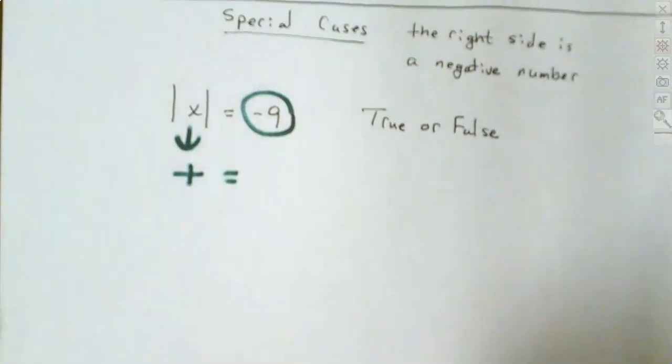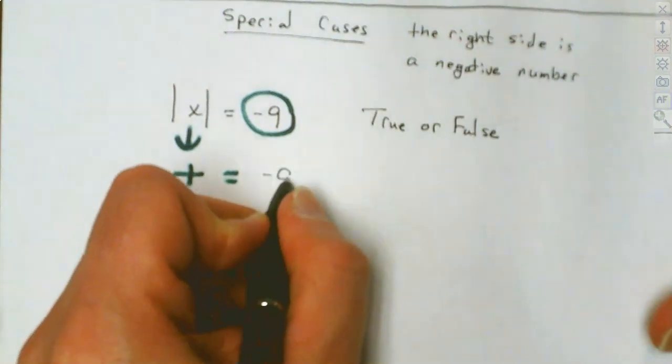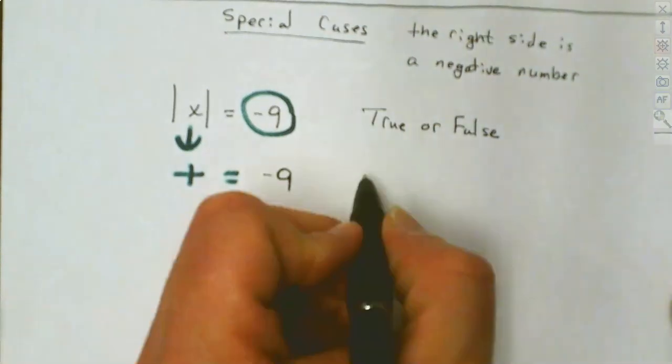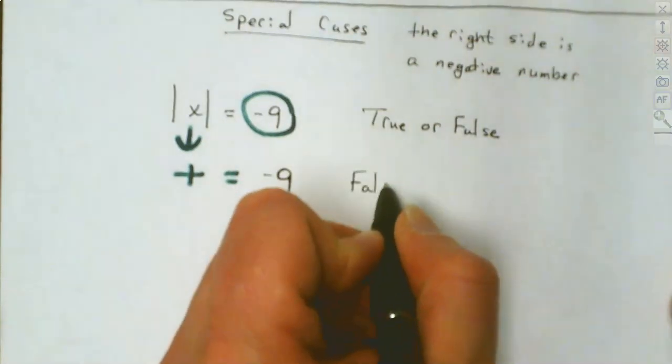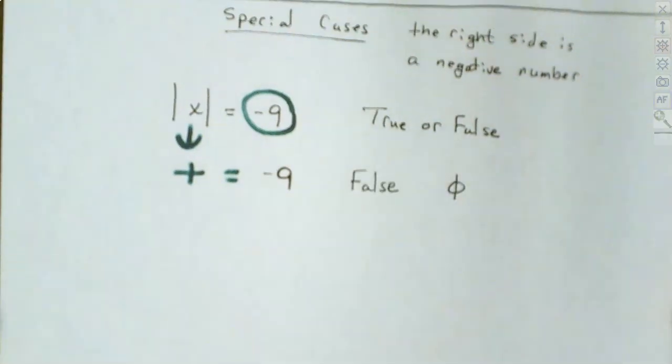If I assume that that is positive, is there any number that's positive that can ever equal a -9? Can that ever happen at all? No. So that would make this one false, and that would have no solution.